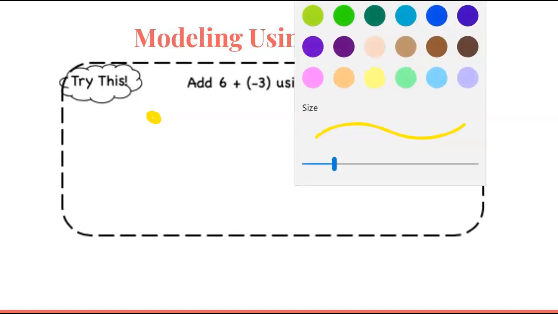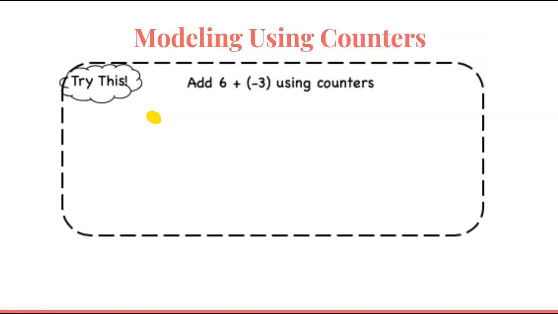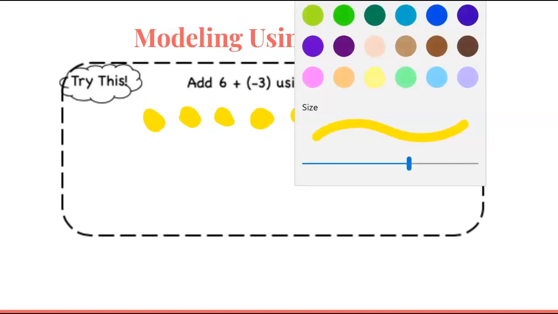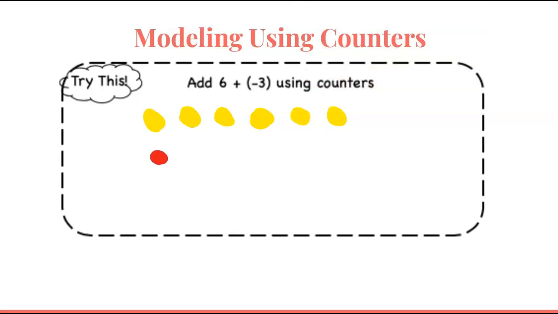Let's change the size a little bit so it goes a little bit faster. 1, 2, 3, 4, 5, 6, and I want to add 3 negative counters. Change it to red and put in my 3 negative counters.